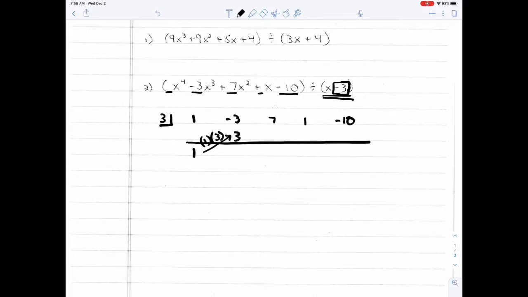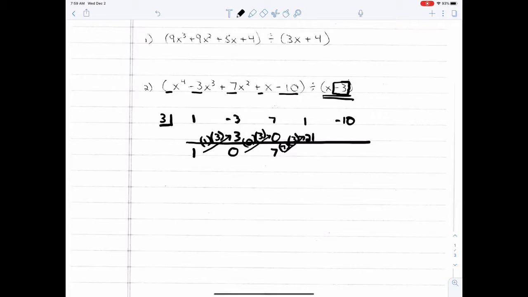Then you add these two numbers, the -3 and the 3, and you get 0. Then you take that number and you multiply it by the number in the box, and you get 0. Then you add the 7 and the 0. Then you take that number and you multiply it by the number in the box.